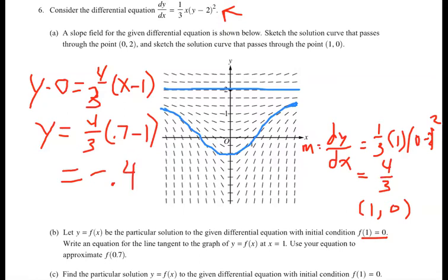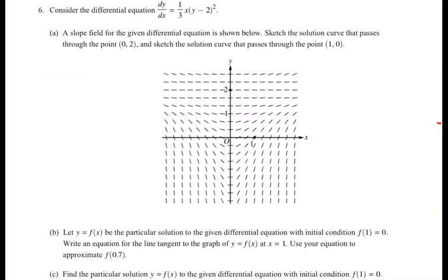I'm going to erase all this for part C because it says find a particular solution y equals f of x to that differential equation. And again, we're at the point 1, 0. We're going to need that later to find C. So we're going to use this diffy-q up here, the one they gave us at the very beginning. And we have to do like we always do. We have to separate. So we got to take y minus 2 squared and divide each side by that.